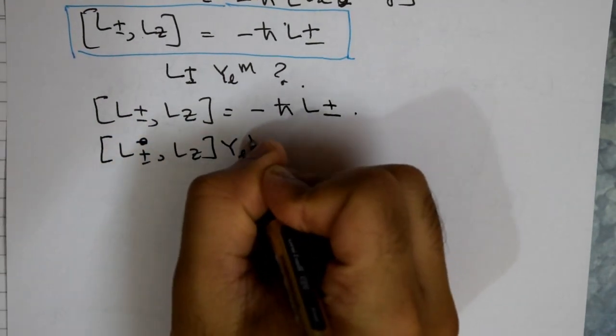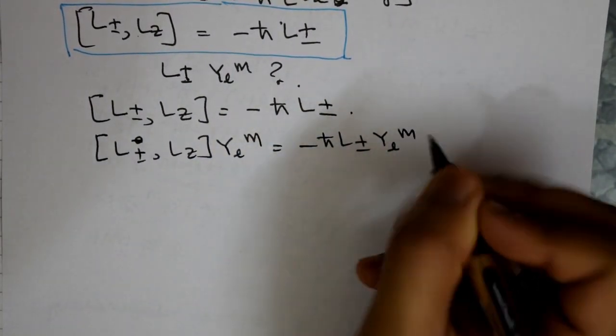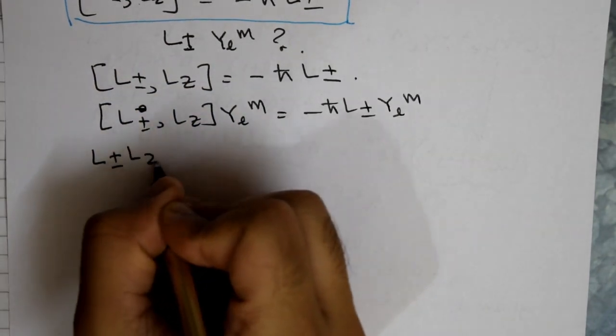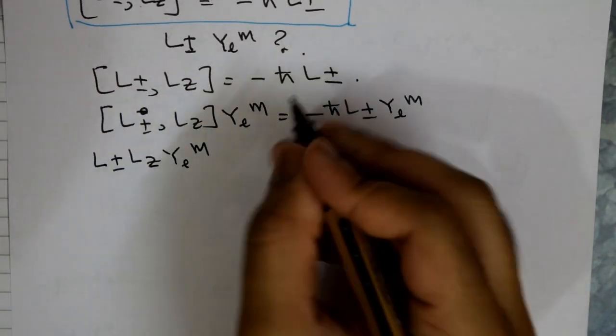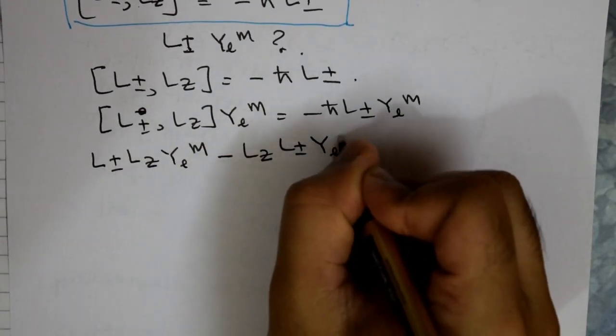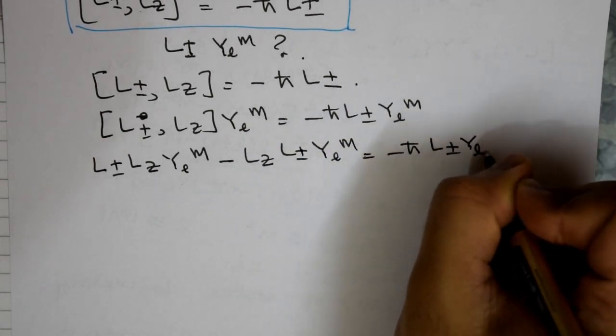So Lz L plus minus Y_lm minus L plus minus Lz Y_lm is equal to minus ħ L plus minus Y_lm.